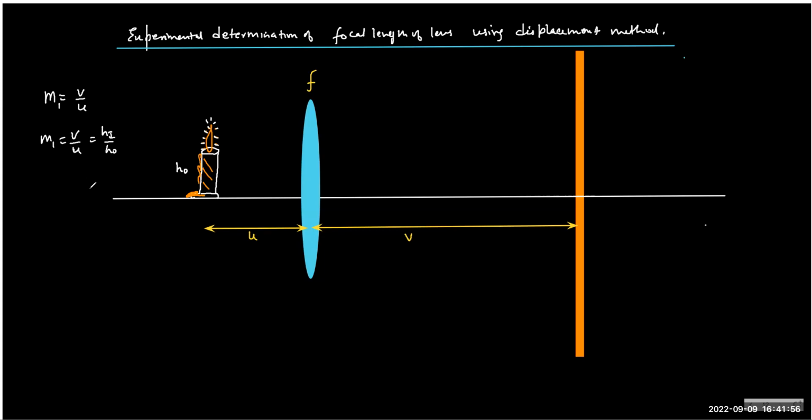So let's take U and V as values. That's easy. What we do next is we displace. That's why the name has displacement.